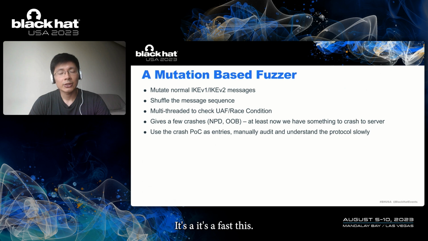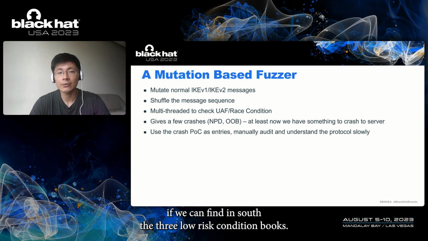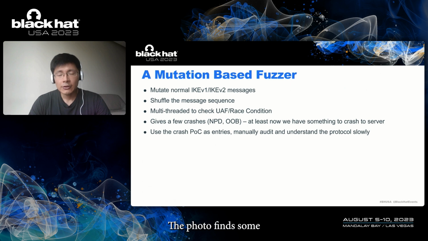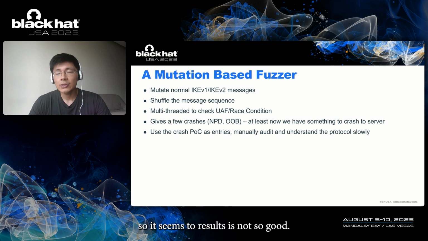It fuzzes IKE version 1 and version 2 messages, and it also uses multiple threads to see if we can find any use-after-free or race condition bugs. The fuzzer found some crashes, mostly null pointer dereference bugs, so it seems the result is not so good. So we switched to manual reverse engineering and found some other bugs.